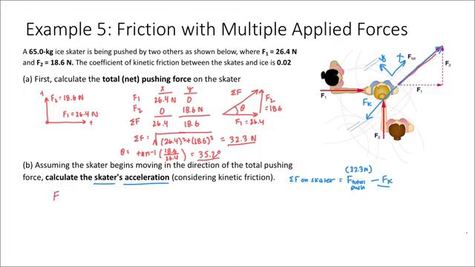Let's do that. I know in this case that the force of kinetic friction, again, will be the coefficient of kinetic friction times the normal force. And if I were to draw a force diagram for the skater, ignoring the horizontal forces, just considering the vertical forces acting on the skater, I would see that there are only two, right? The normal force from the ice up and the gravitational force on the skater down, and they're equal in this case because the skater is not accelerating vertically.